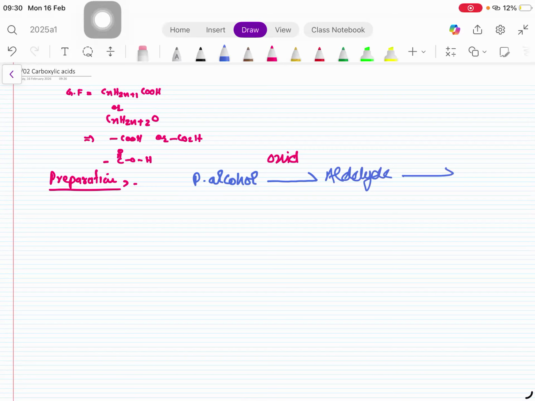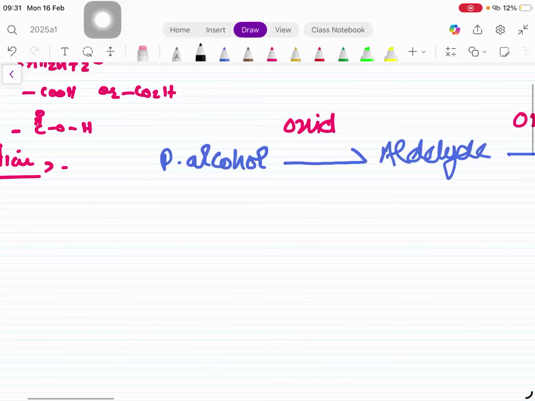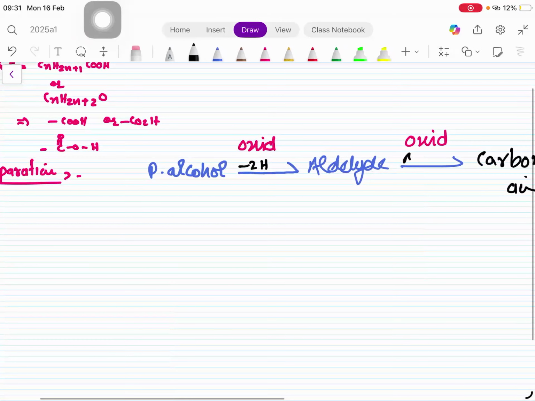and then oxidation of this gives what? Carboxylic acid. And you remember, this oxidation is -2 hydrogen, and this oxidation is addition of 1 atomic oxygen, okay?